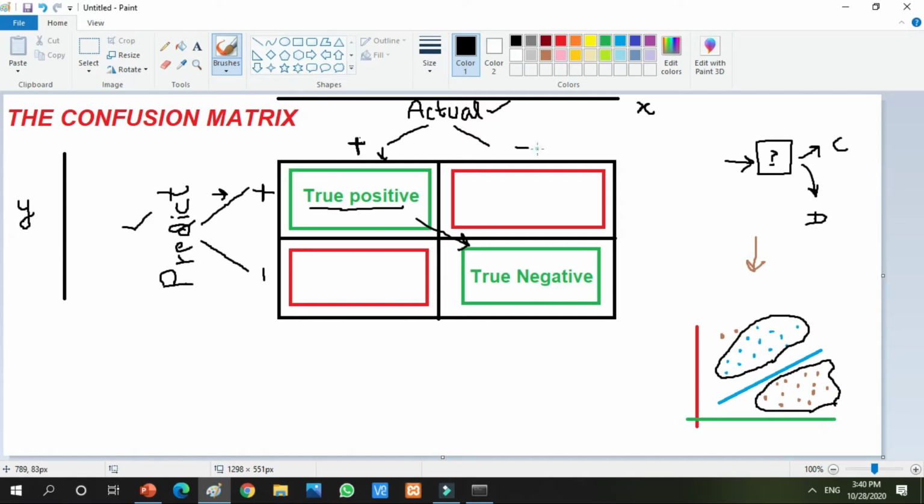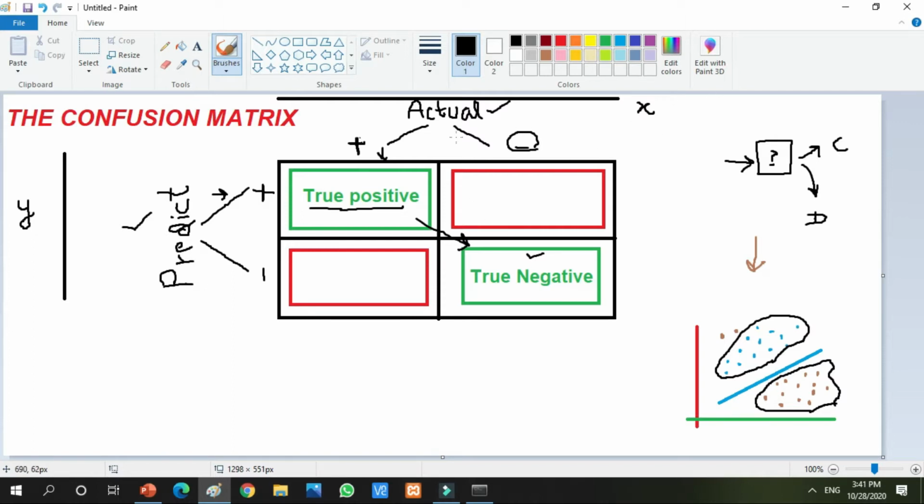The model is telling you the negative result, means it is not a dog, and the classifier is also telling you that it is not a dog. True negative. True positive, TP, and true negative, TN, are the correct results of a classifier.